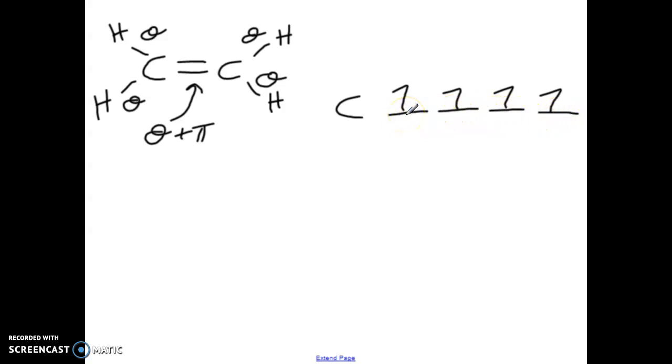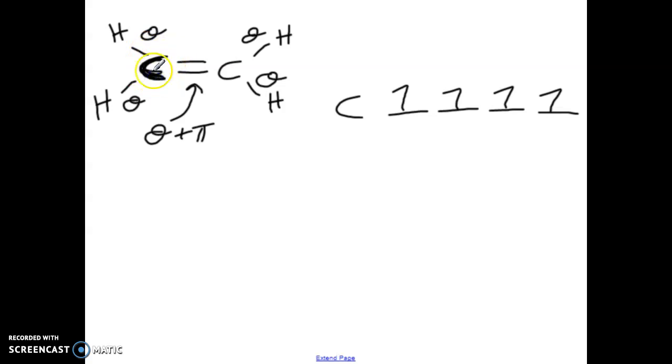But when you have an element that normally hybridizes but is involved in multiple bonds, you only hybridize for the number of sigma bonds that are required.